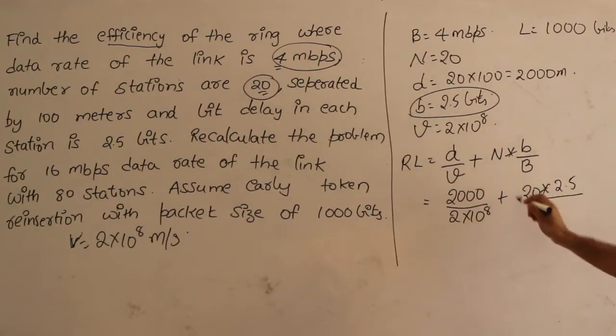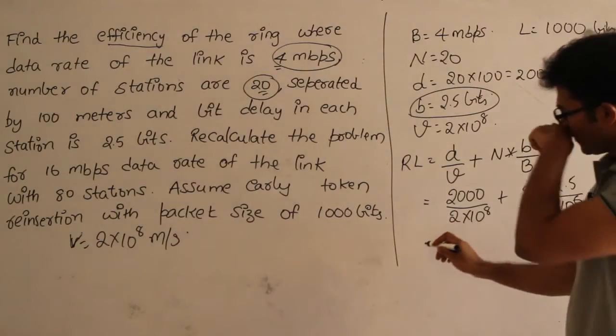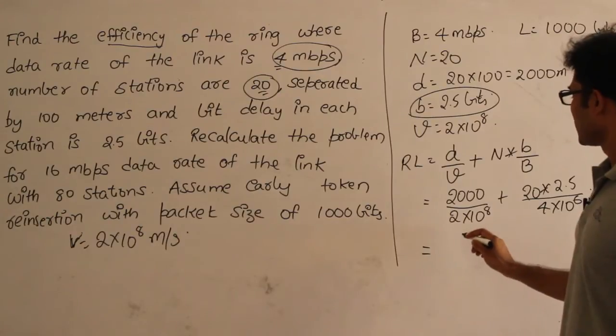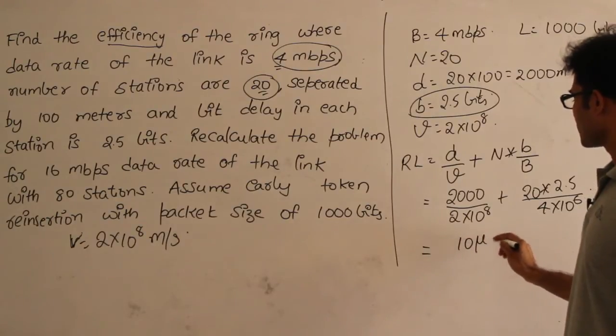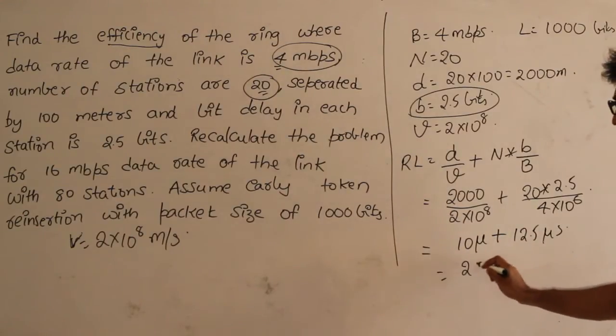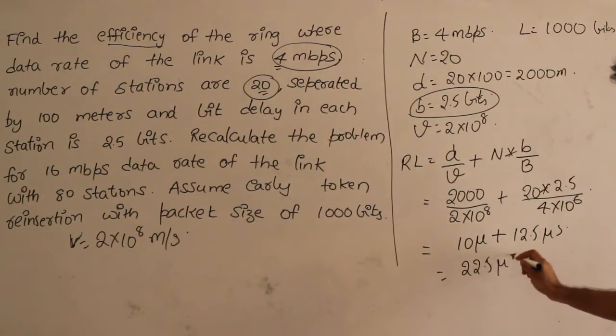Now this is in bits, so convert it to seconds by dividing by 4 into 10 power 6, because 4 Mbps is the bandwidth. Then what do we get? We get 10 microseconds plus, in this one, nearly 12.5 microseconds. Therefore totally we get 22.5 microseconds, right?